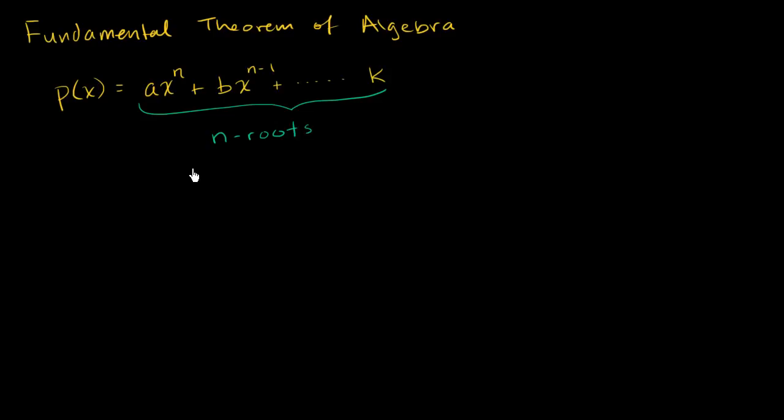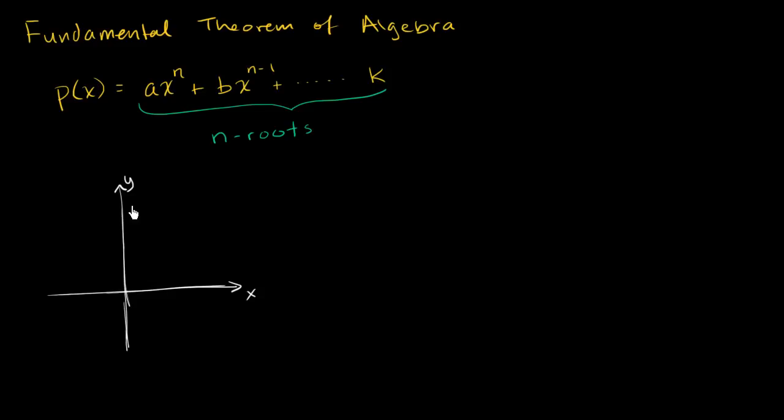Or another way to think about it, there are going to be exactly n values for x which will make this expression on the right be equal to 0. So at first you might say, okay, that makes sense. You've seen second degree polynomials whose graphs might look something like this. So let's see, that's the y-axis, that's the x-axis.